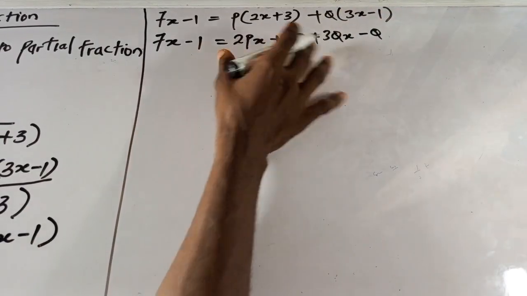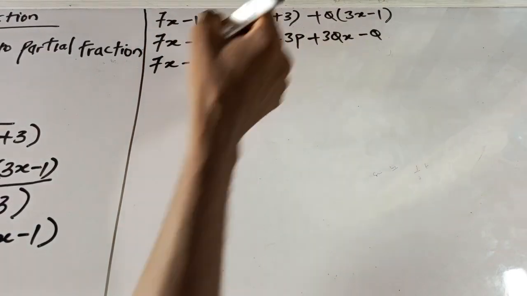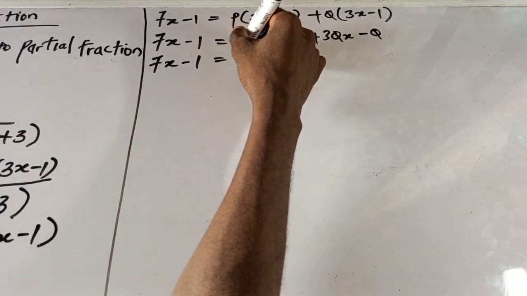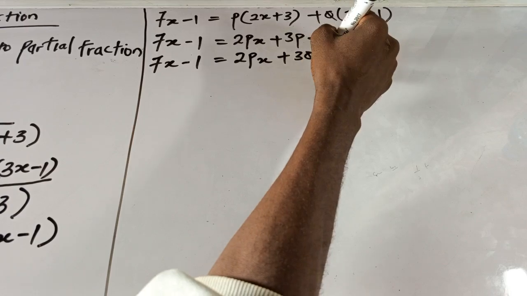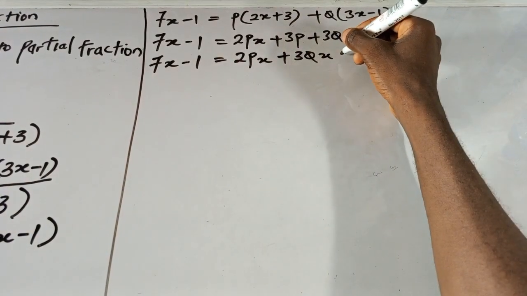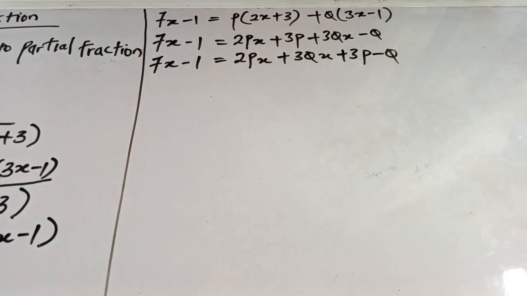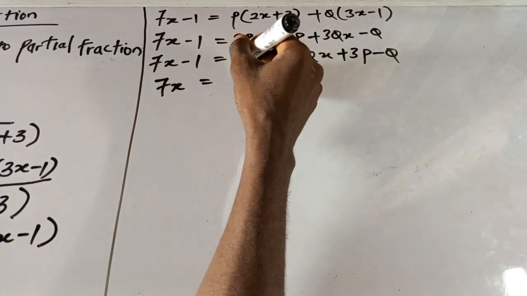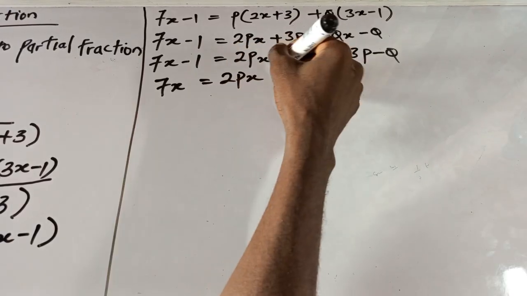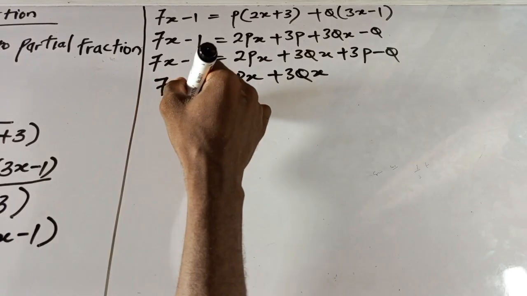So next, we collect like terms, or we rearrange this. So we have 7x - 1 equals 2px plus 3qx, then positive 3p, then negative q. Alright, so let's compare the coefficients. So we have 7x equals 2px plus 3qx.